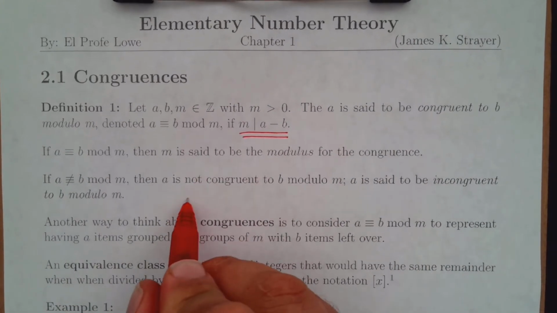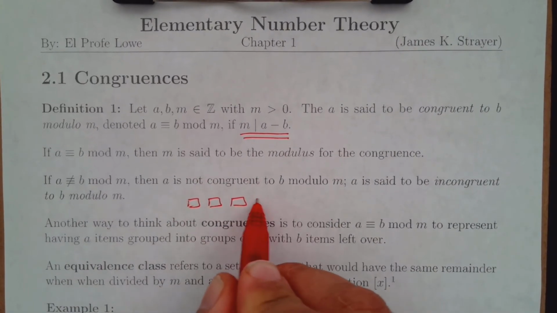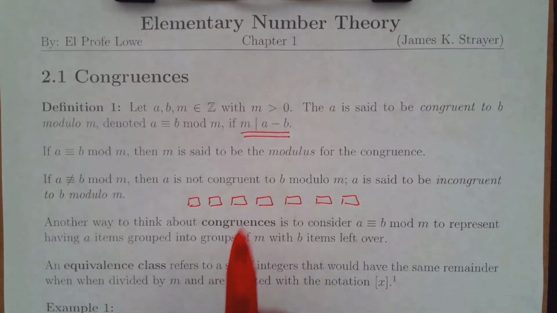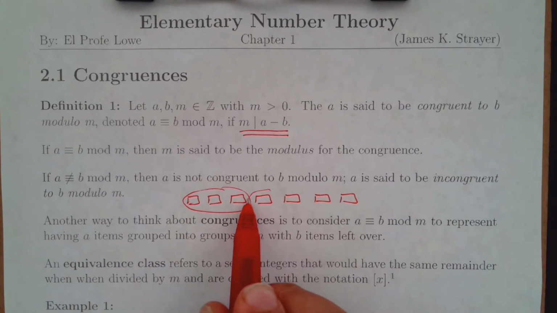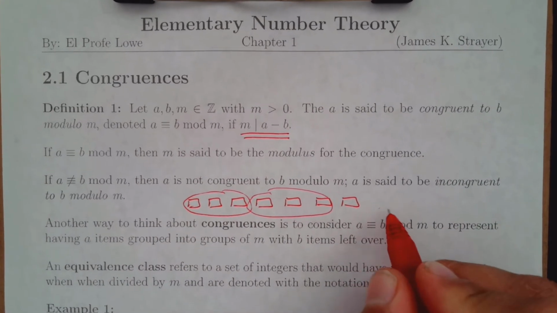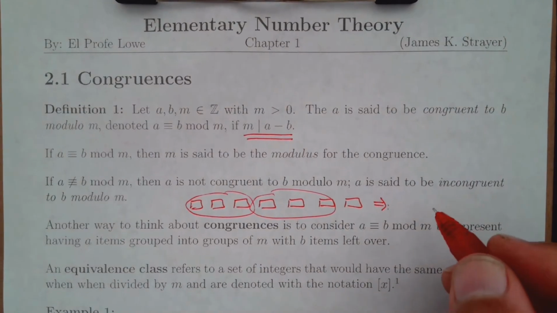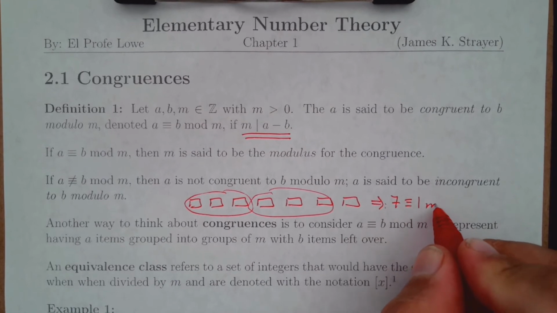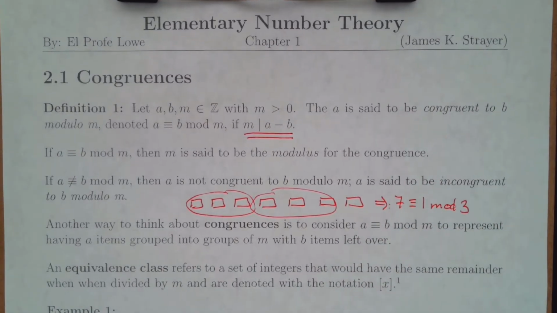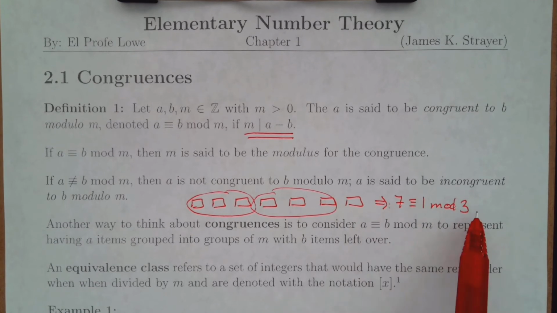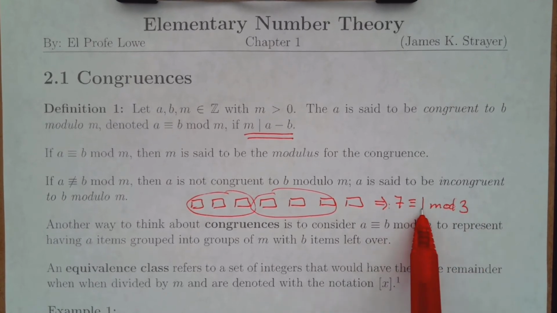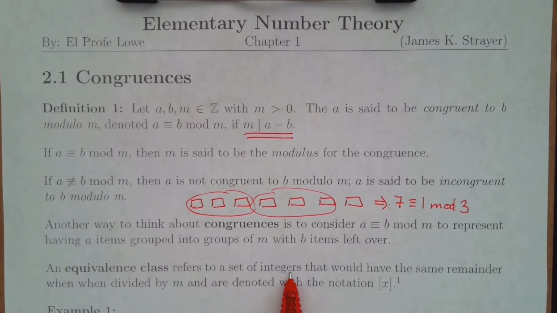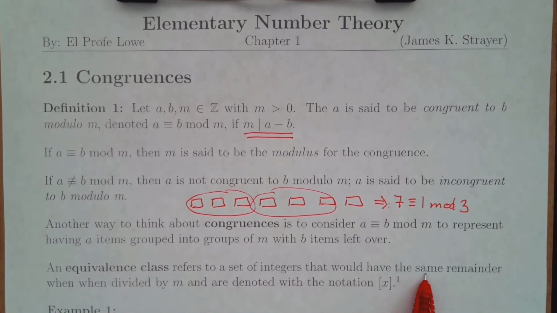So in other words, if I had this many items, and I said, well, let's group these items into groups of 3, the implication here would be that 7 would be congruent to 1 modulo 3. If I had 7 items and I put them into groups of 3, I would have 1 left over.